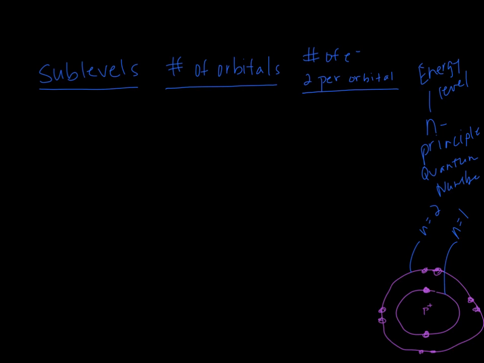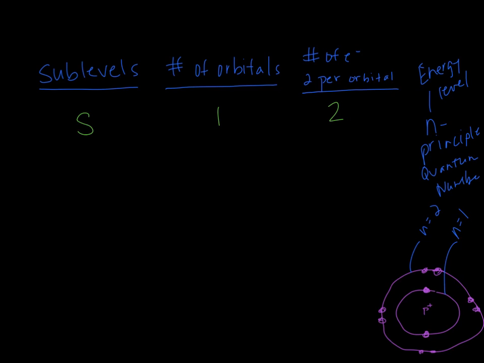Alright, so about the sublevels, we have an S sublevel. The S sublevel has 1 orbital in it, and so if each orbital can hold 2 electrons, then there would be 2 electrons in the S sublevel.